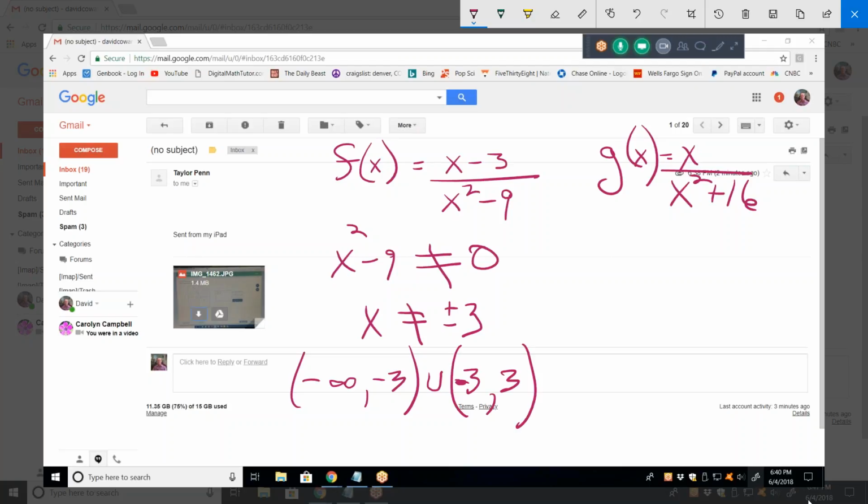And then it'll be u, parenthesis 3, comma, infinity, parenthesis. Infinity signs are always a parenthesis, never, ever a bracket. Okay? And this covers every number on the number line. That's basically all real numbers except +3 or -3.